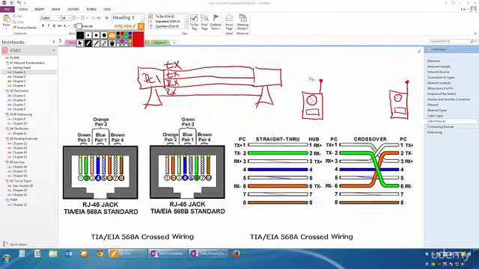But I want you to think about this. Here's Bob. Here's Tim. Now, Bob needs to speak to Tim. So Bob pushes this button. When he pushes this button, what he's doing is he's transmitting on this signal.